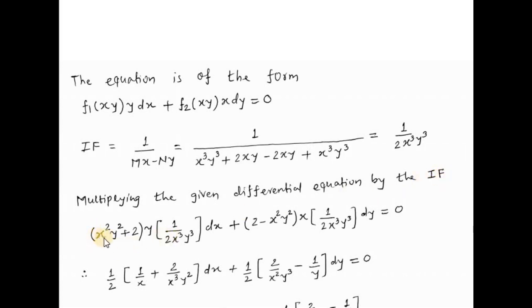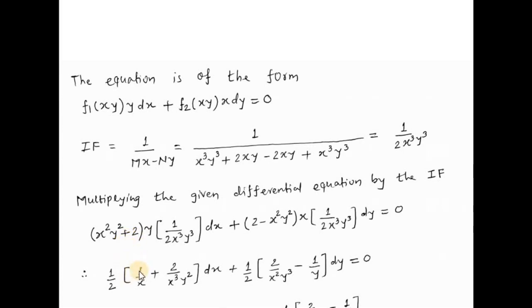So we will get (x square y cube + 2y) into 1 divided by 2x cube y cube dx + (2 - x square y square) x into 1 divided by 2x cube y cube dy = 0. Now here y divided by y cube gives y square, and 1 by 2 is common, and we divide these two terms by x cube y square.